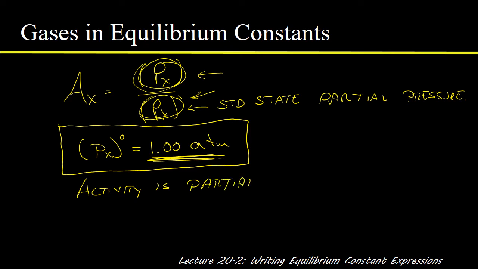I don't think I've ever seen a problem in a textbook where they give you the gas pressures in torr. But they could, I guess. And I haven't done that to anyone. But if they did, it's important to change the pressure to atmospheres.